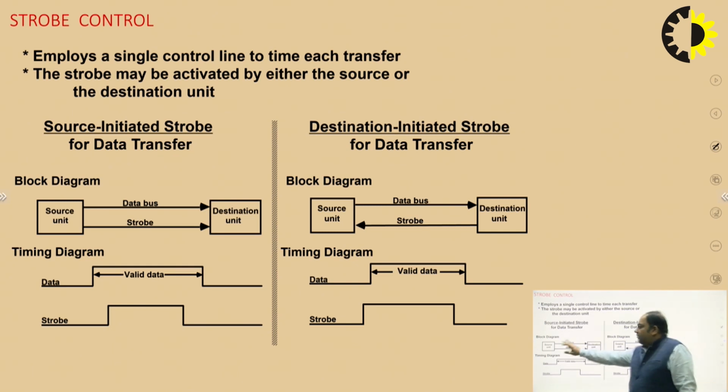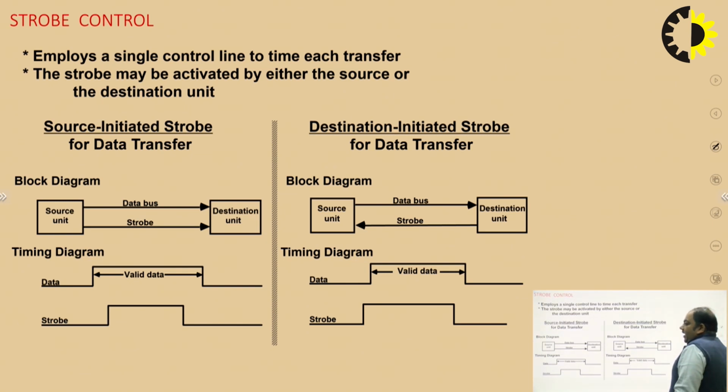When we want to send information from a source to a destination, which is any peripheral device, what is done in strobe control?